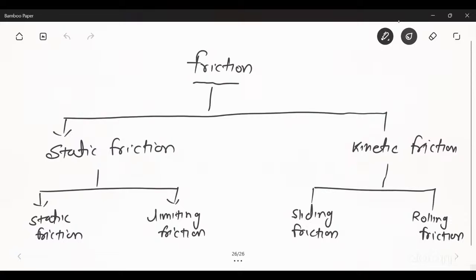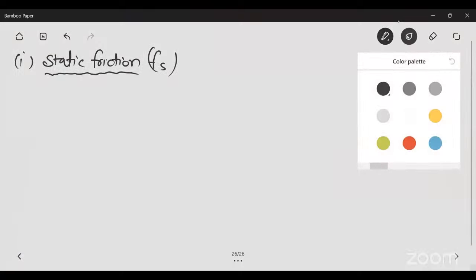So come to the types. First one is static friction, denoted by Fs. So what is static friction?